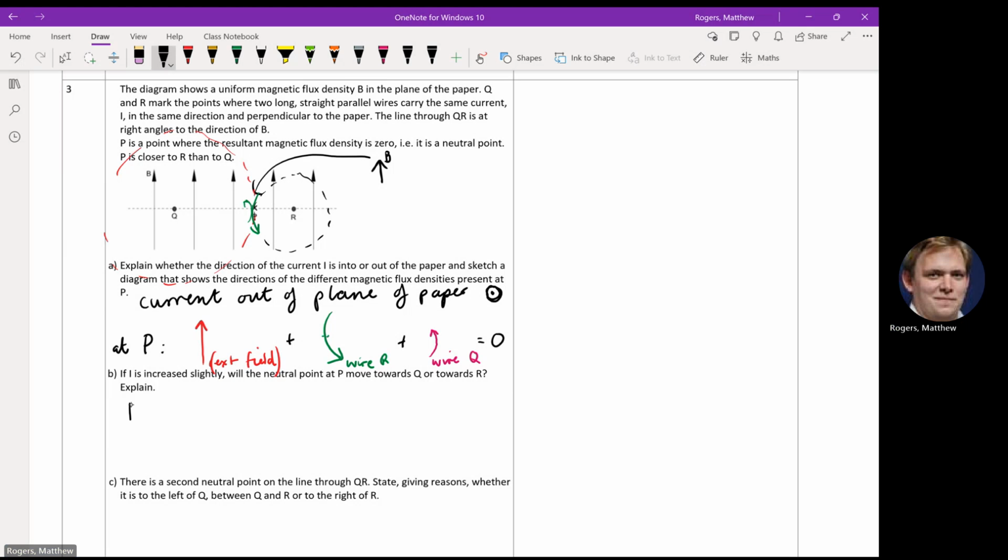So the field around a straight wire B is given by mu naught I over 2 pi R. So increasing I in both will cause them both to get bigger, by the same amount.